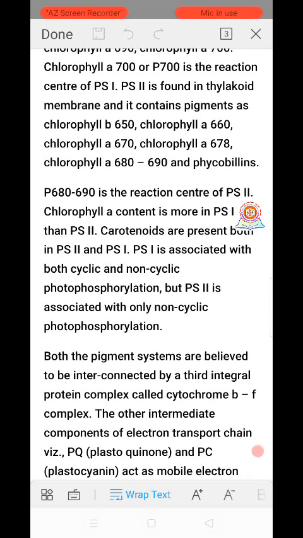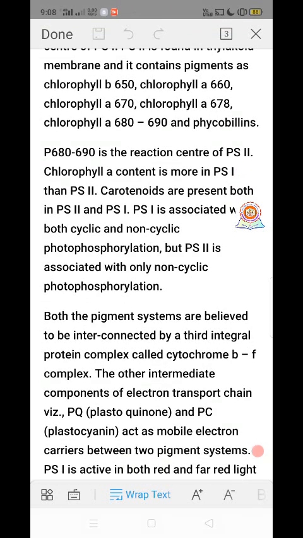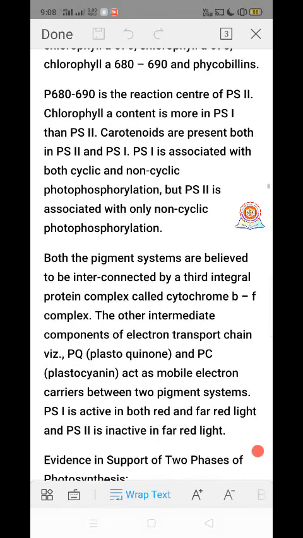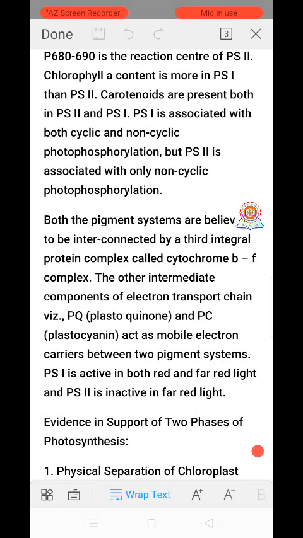The other intermediate components of the electron transport chain, PQ, the plastoquinone, and PC, plastocyanin, act as mobile electron carriers between the two pigment systems. Photosystem 1 is active in both red and far red light, and photosystem 2 is inactive in far red light.